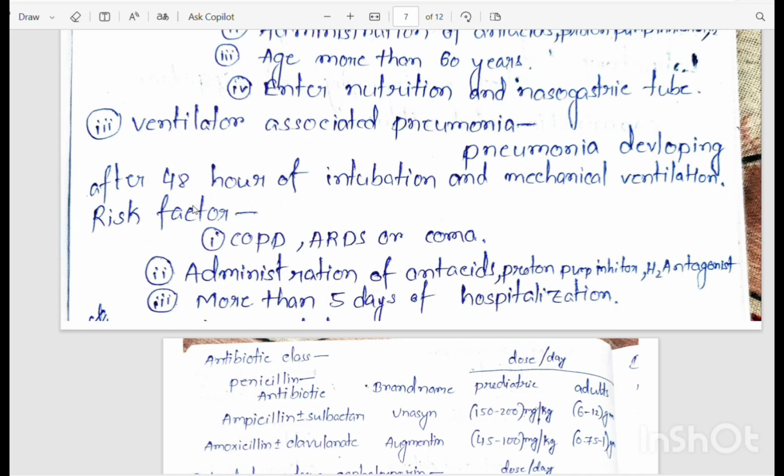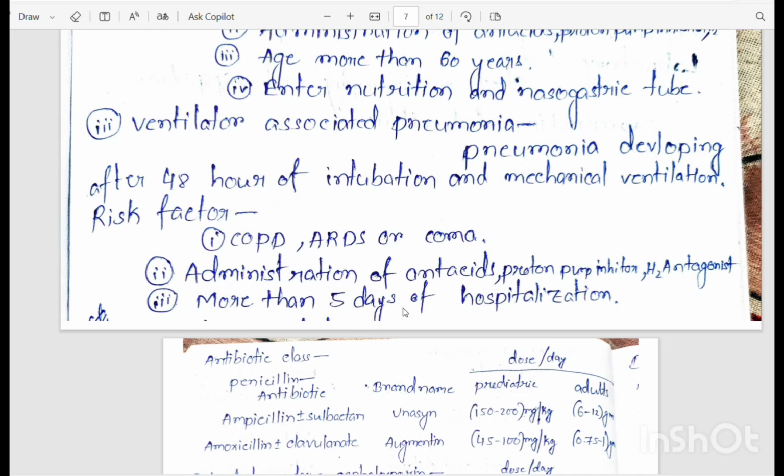The risk factors of ventilator associated pneumonia are COPD, same as hospital acquired pneumonia, chronic obstructive pulmonary disease and coma. And the second risk factor is administration of antacids, proton pump inhibitors and H2 antagonists.